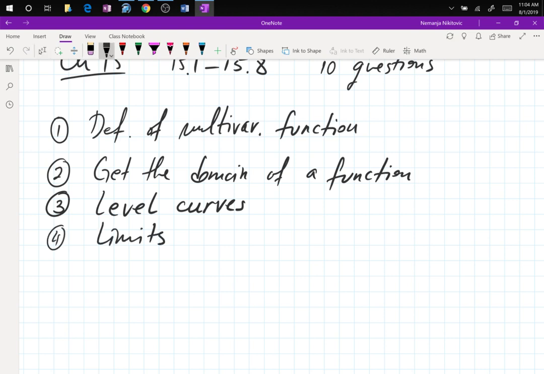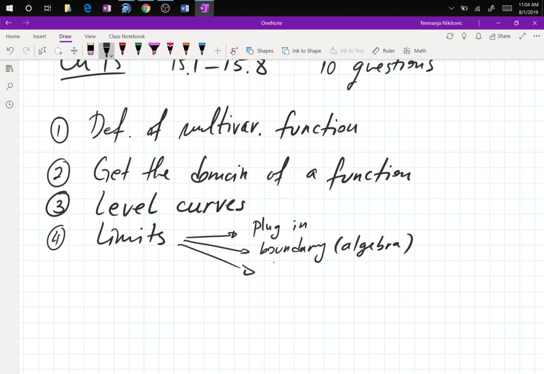Number 4, limits. And those break into 3 categories. The plug-in one, the boundary, which is the algebra, and two-path, limit does not exist.